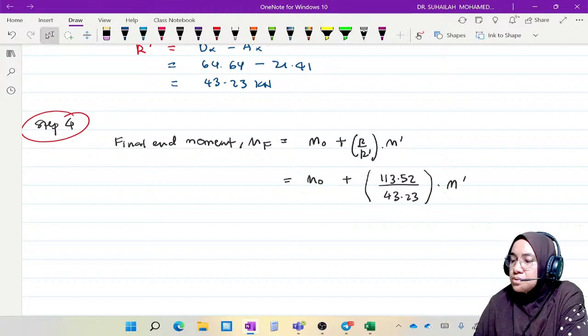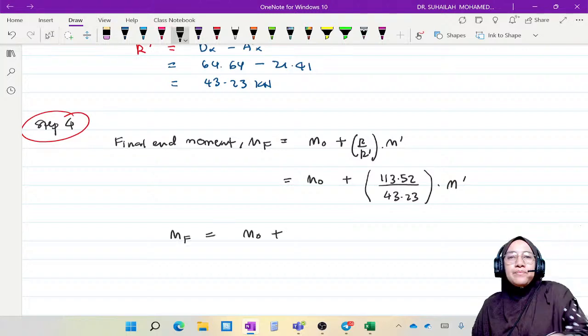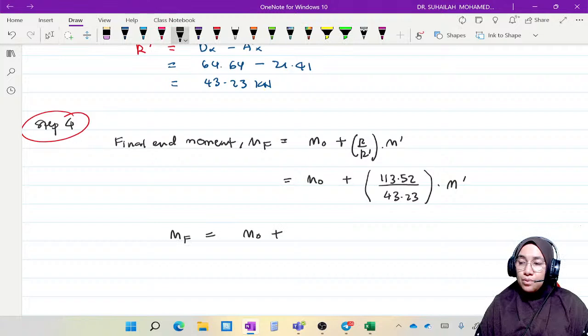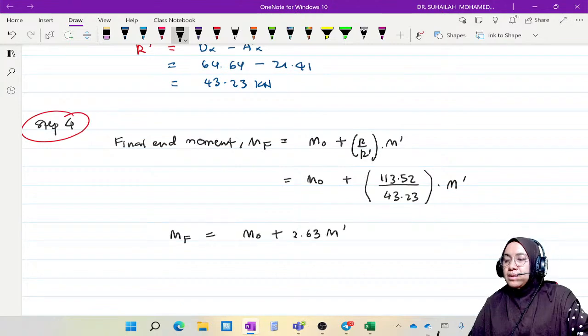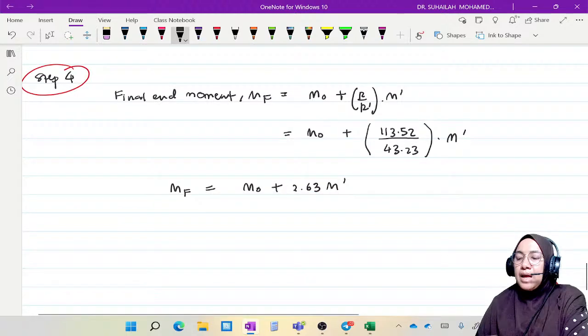So what we get is the equation M final equal to M naught plus 113.52 divided by 43.23, which is 2.63, times M prime.